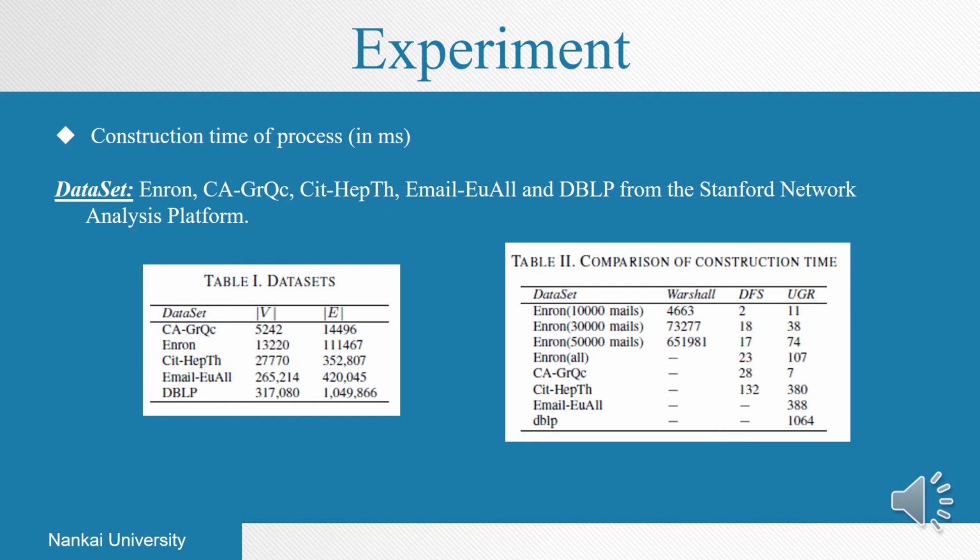However, it ran into stack overflow on the last 2 graphs. Experiments show that UGR is more scalable and stable than traditional search methods, especially on sparse graphs.